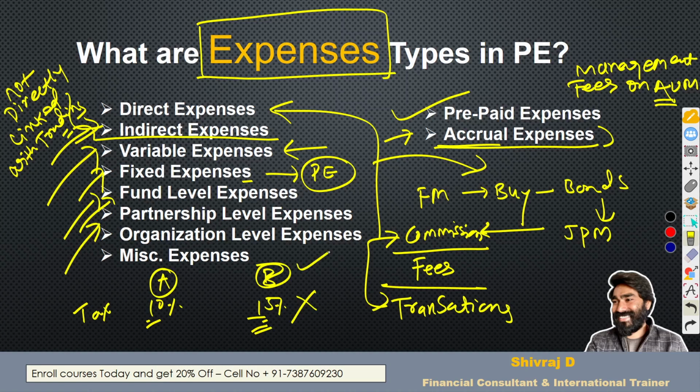All right. Organization level expenses. Organization means, for example, let's say an AMC, ICICI Direct, which is managing, let's say, hundreds of funds. The point is, at organization level, let's say the organization appointed a CEO, that AMC appointed a new fund manager, or maybe they have appointed a board of directors. So their salary you cannot directly debit to the fund or partnership, basically, right?